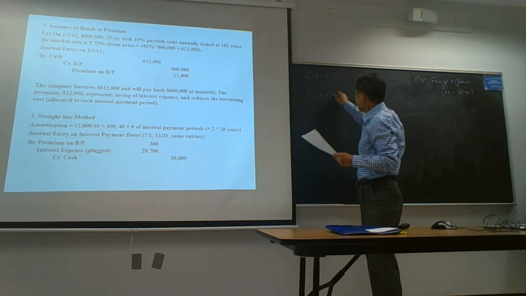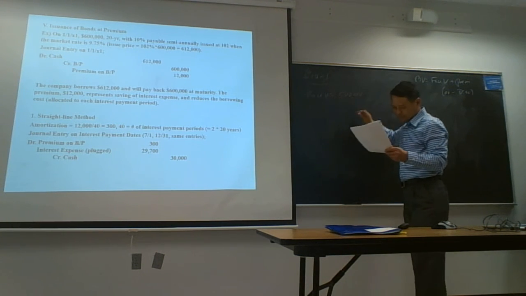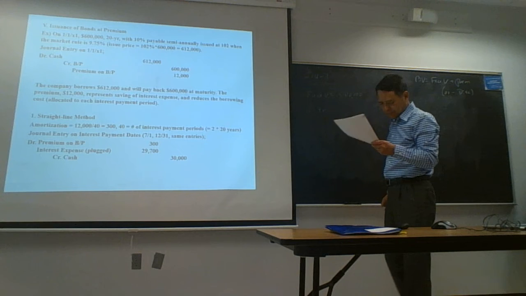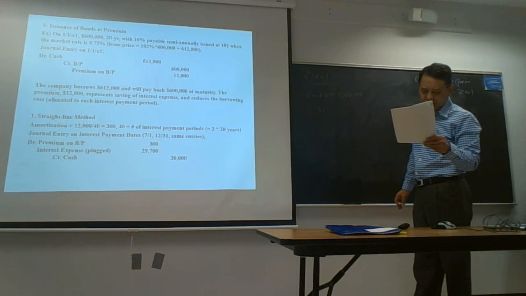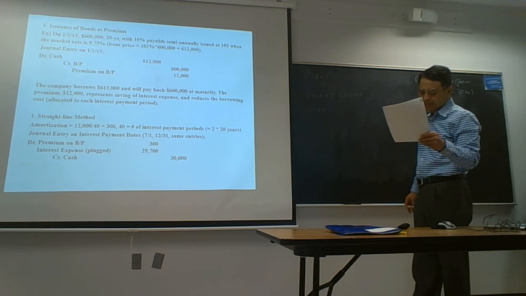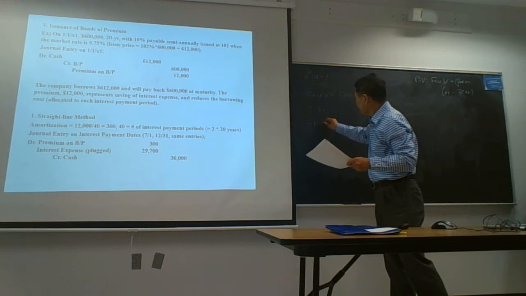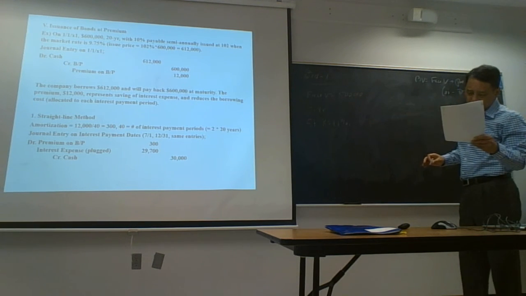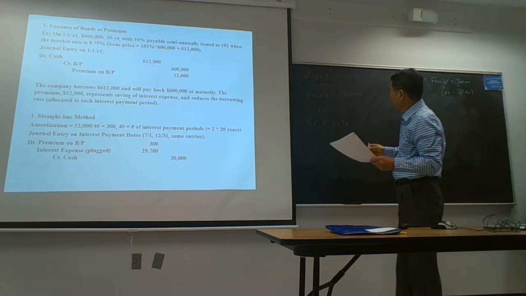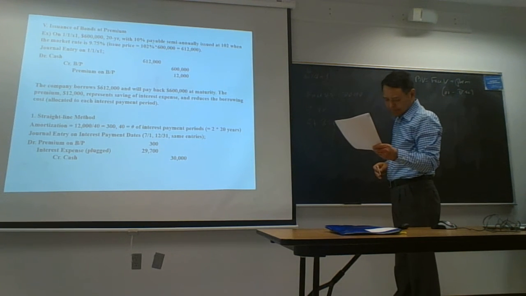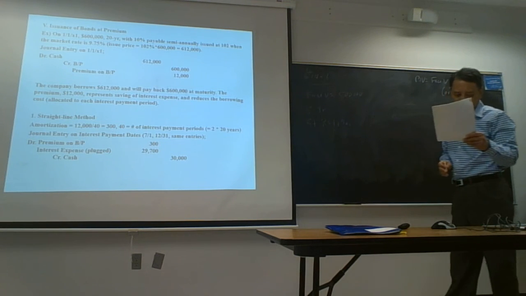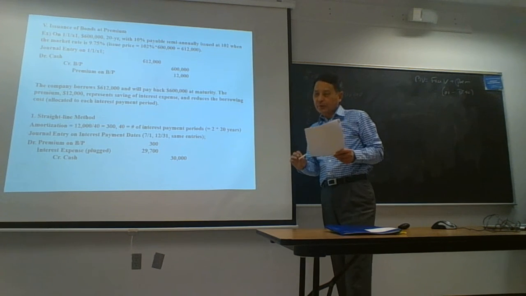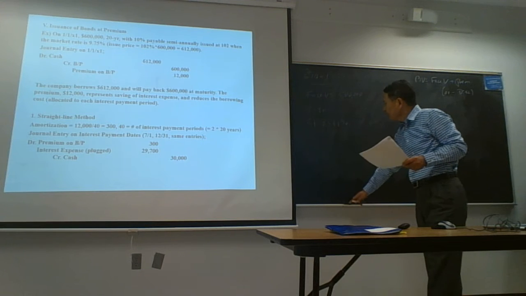Face value 500,000, and this is a 5-year bond dated June 30, 2019, with a stated rate of 11%. Interest on the bond is payable semi-annually. Okay, 5-year, semi-annual payment. And the bonds are sold on June 30, 2019. So bonds are dated June 30th and sold on the same date.